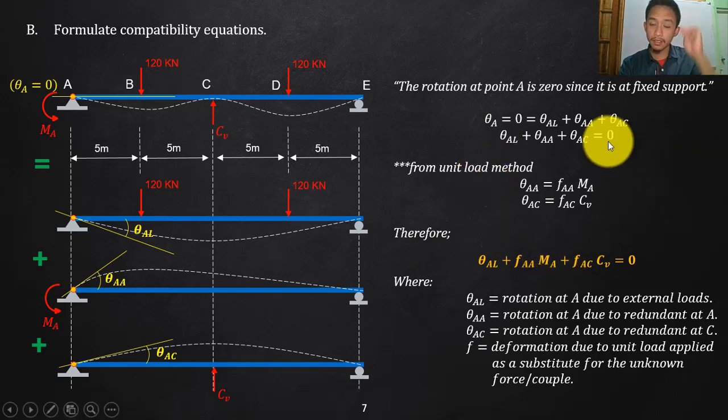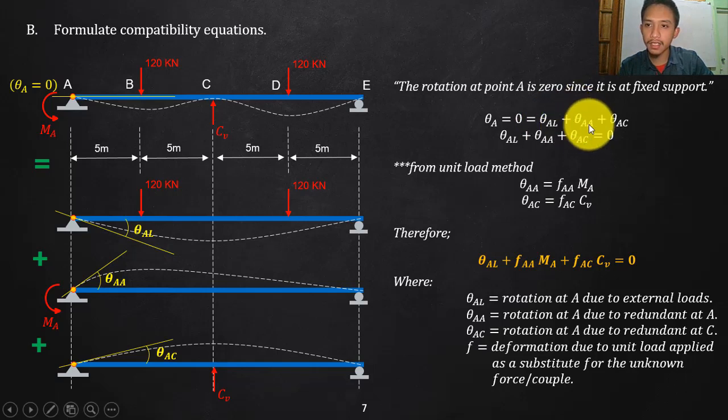Okay? So again, since we do not know these values, we cannot use them directly. By the way, let's try to understand my subscripts. A while ago, that is theta sub AL, because we are talking about rotation at A due to the external loading.